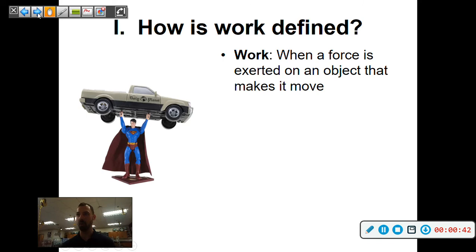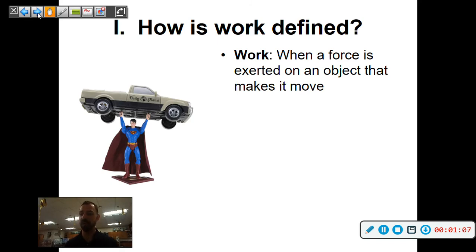Okay, so work is defined as when a force is exerted on an object and the object moves. So in other words, Superman there holding that car over his head, he's at rest. He's just holding it there, so he's not doing work. If he picks it up from the ground, up above his head, then he's doing work at that moment.